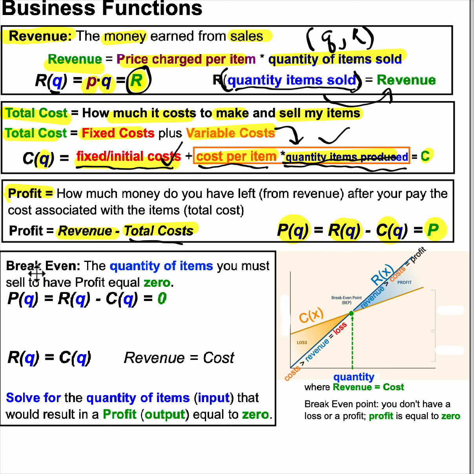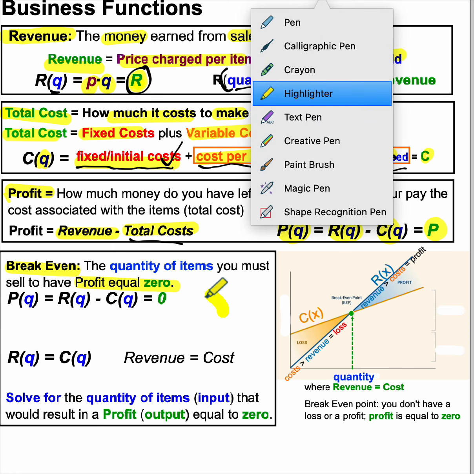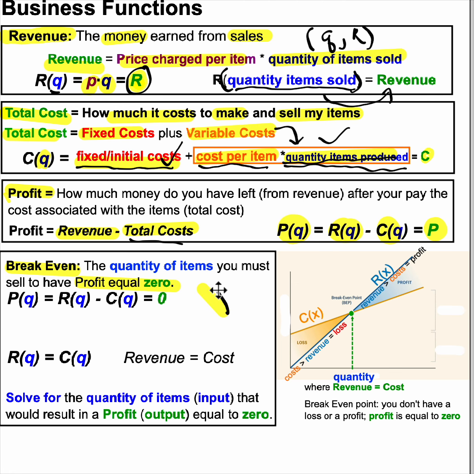And then we're going to look at special cases of profit, and particularly we're going to look at break even. The break even point is just how many items I need to sell to have a profit of 0. So I'm going to solve for the quantity of items when profit equals 0.